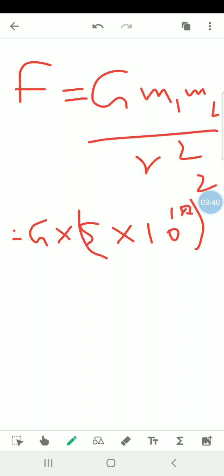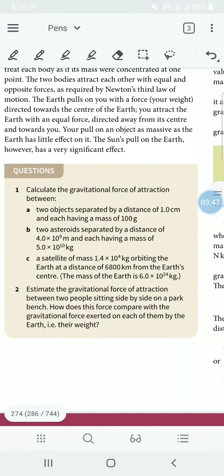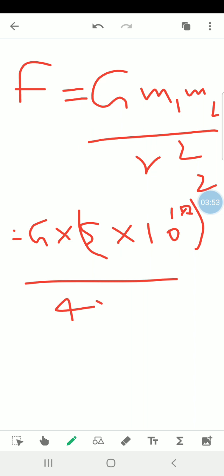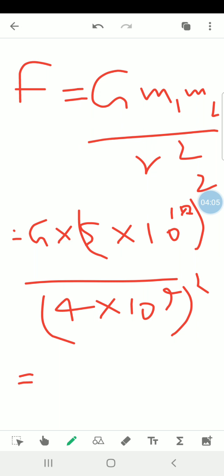Then that has to be divided by the separation, 4 into 10 to the power 9 meters, and that has to be squared. So then you will get your answer to be 1 into 10 to the power minus 8 newtons.